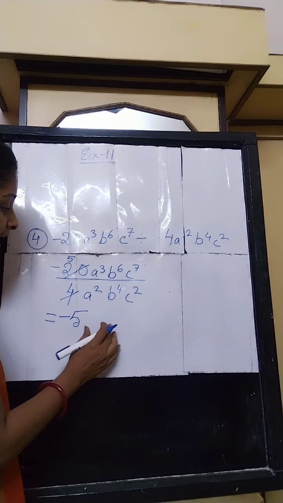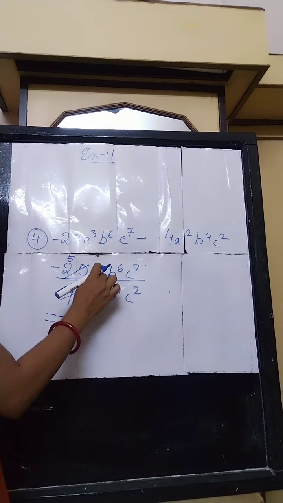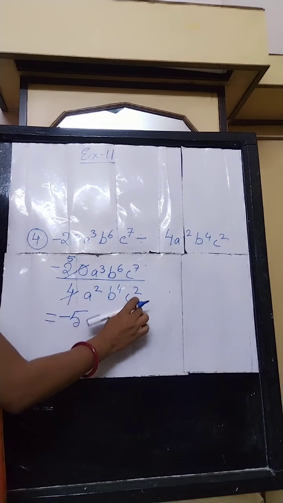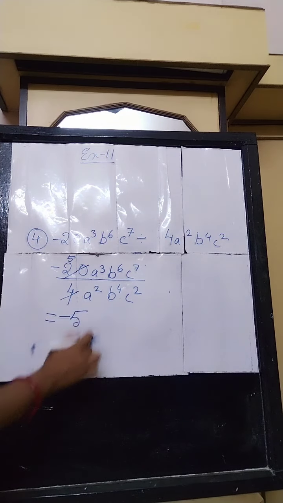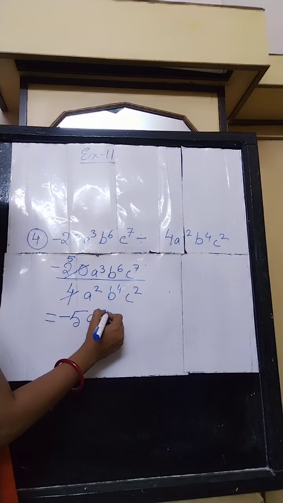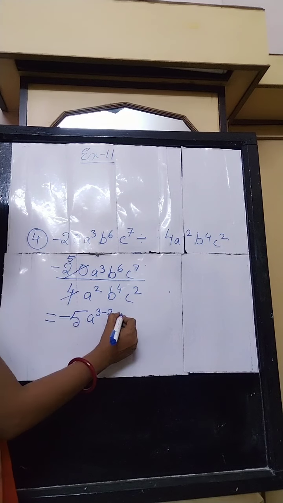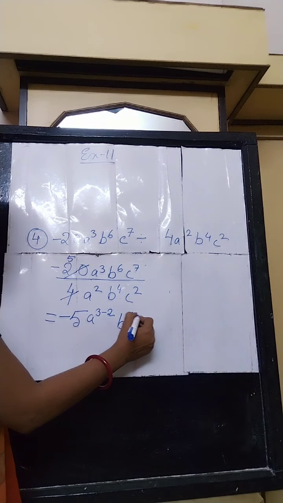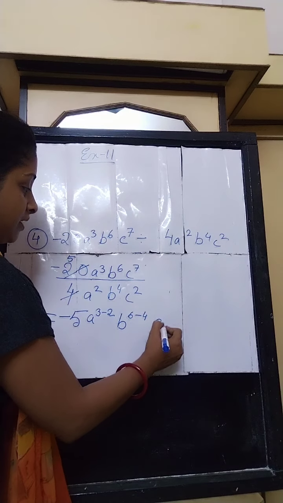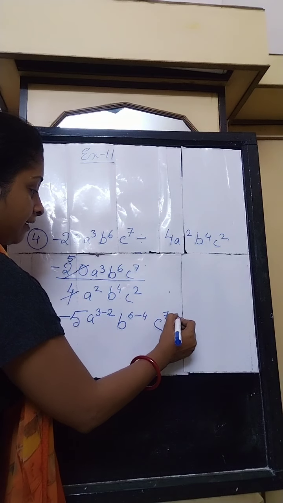And what will we write in the place of variables? We will subtract the variables of the denominator from the numerator: a cube minus a square, b to the power 6 minus b to the power 4, and c to the power 7 minus c square.